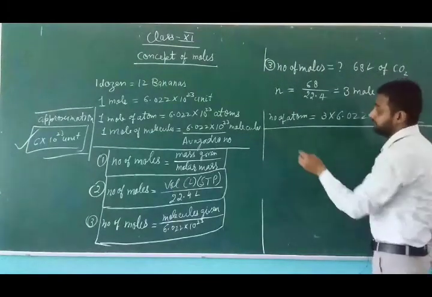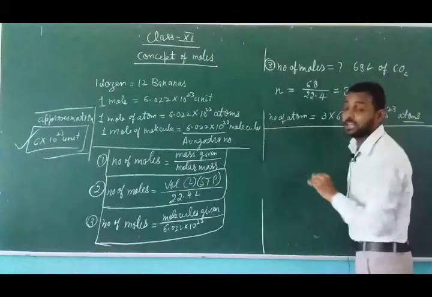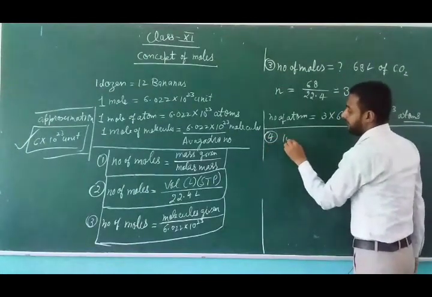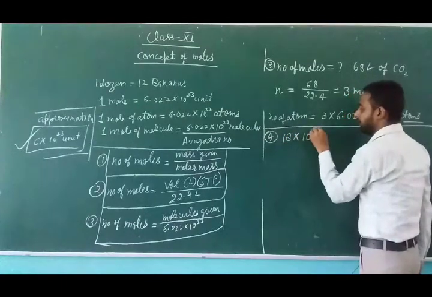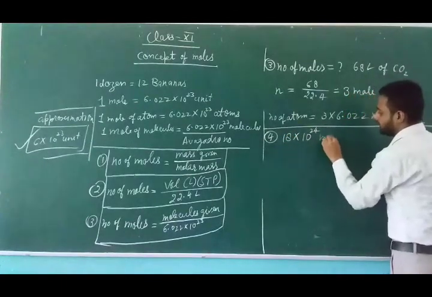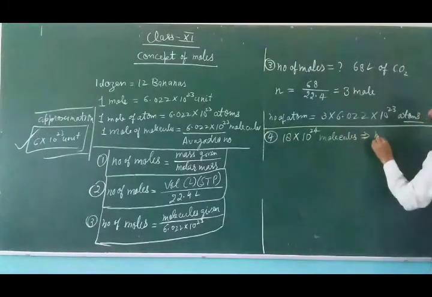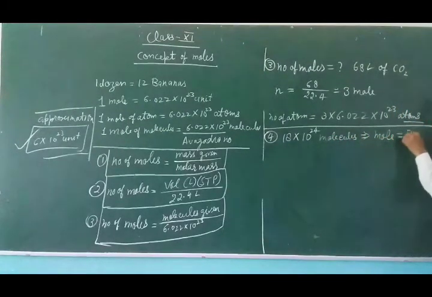Now, if molecules are given, next question is, if you have 18 into 10 to the power 24 molecules, then find out the moles. So now we can use formula number 3 to solve this numerical.